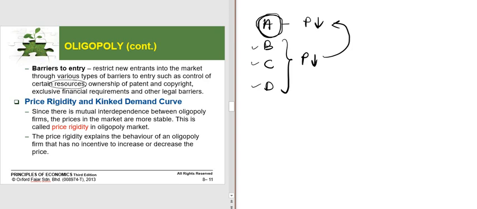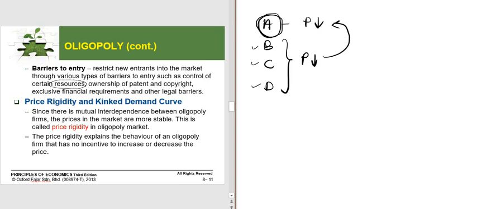These firms can become monopolists of the market, meaning it's hard for other firms to compete with the existing oligopoly firms. So that is in terms of barriers to entry.